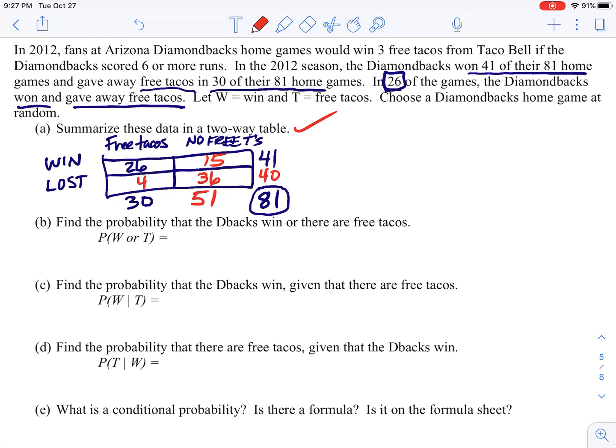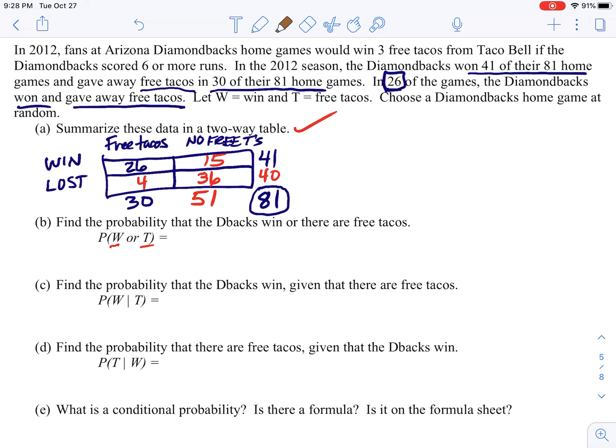First of all, what's the probability that they win or there are free tacos? Now we can think through this and do it. We can write a formula perhaps and do it. I would suggest that we could do it both ways. So how many of these numbers in the table are either in the W row or the free tacos column? And we don't, of course, want to count any games twice.